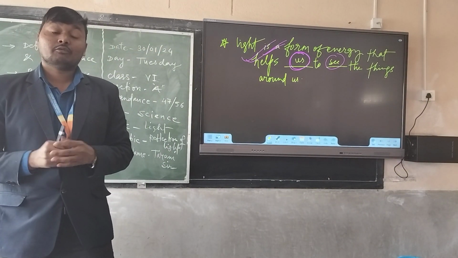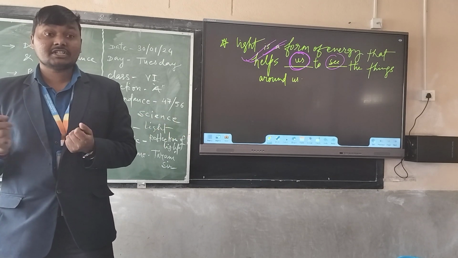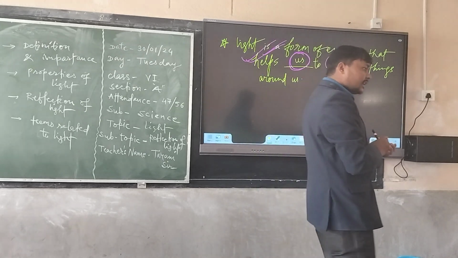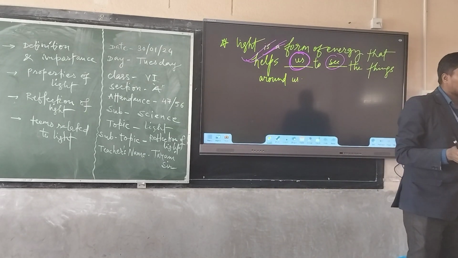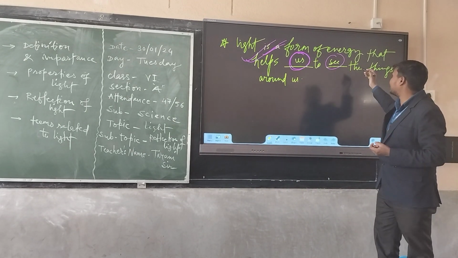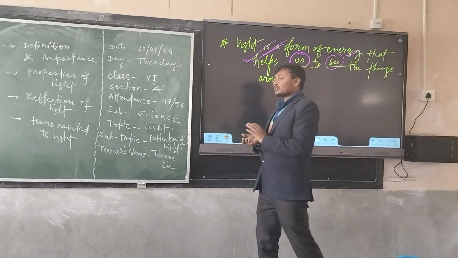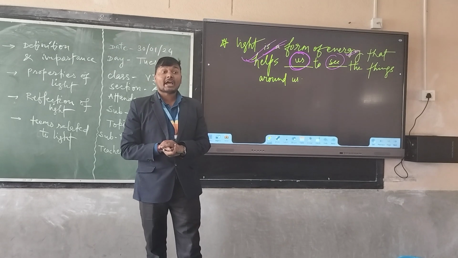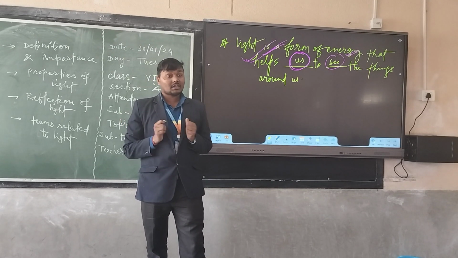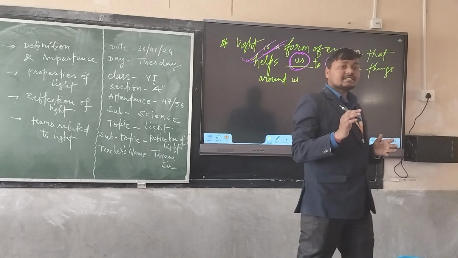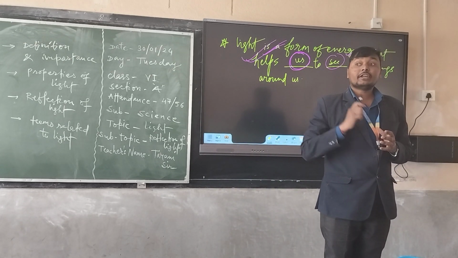Now the question is, which things can we see around us in the presence of light? There must be some things we can see, because light has some power, some energy that helps us see. So the answer is, we can see those objects which are in front of us.